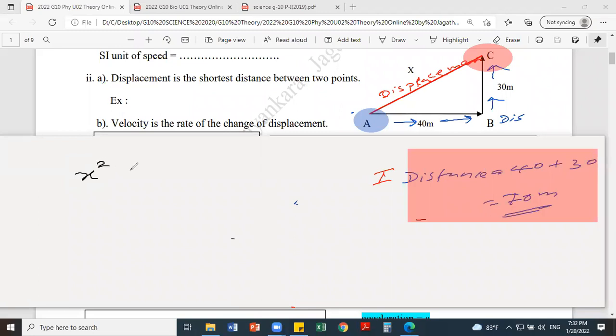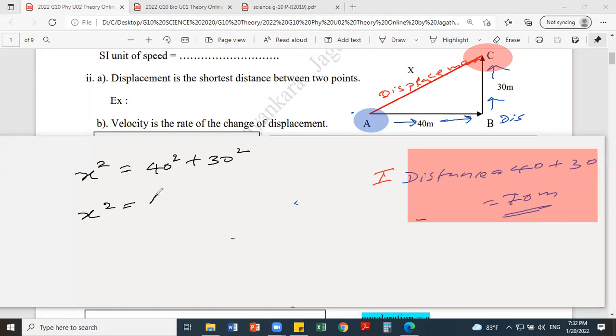X squared equals what? Malitma, Sandusha, Shane: Pythagoras theorem. Very good. X squared equals 40 squared plus 30 squared.